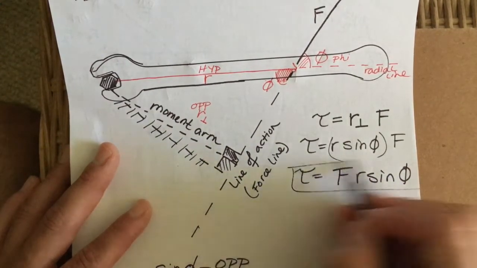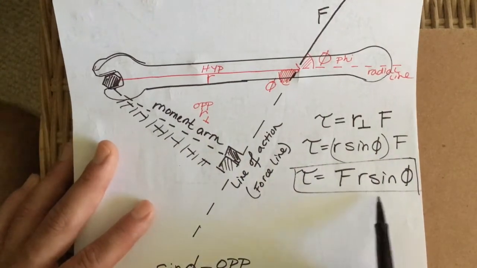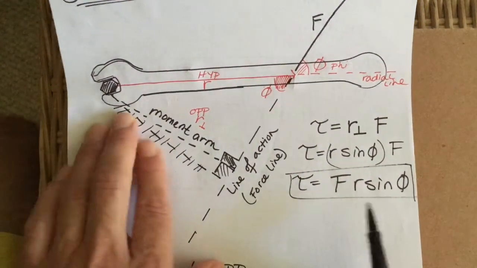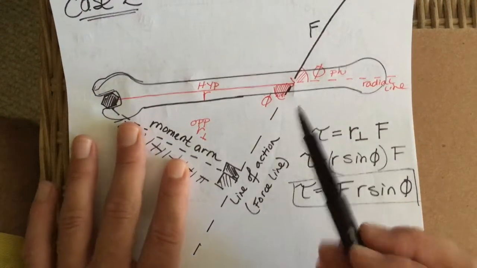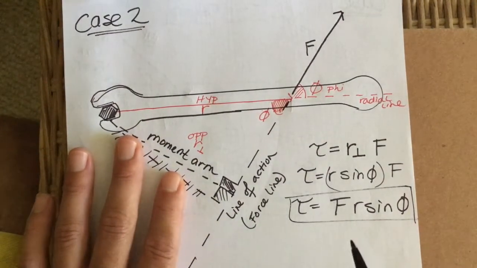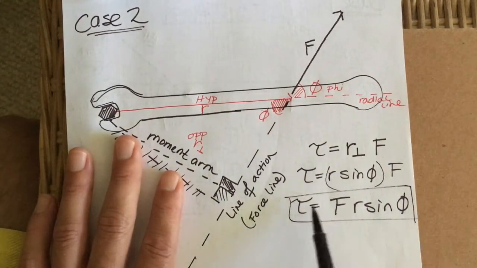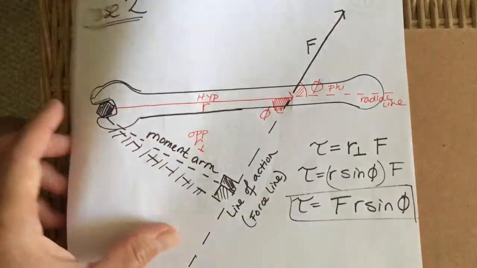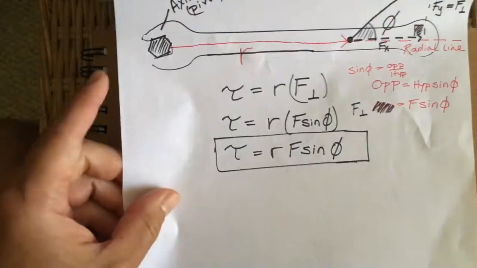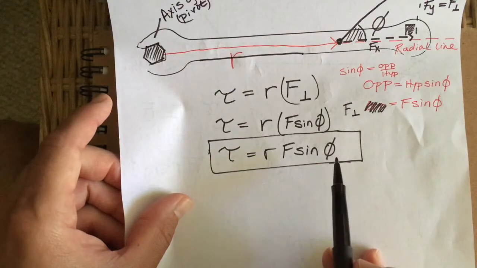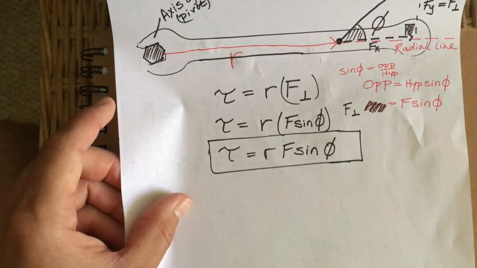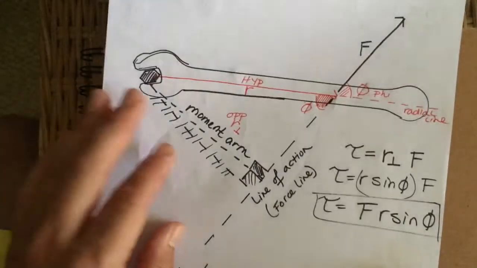And that should look really familiar, right? Because check it out, we used another triangle, another drawing to make sense of torque. And once again, this equation came up, that we can get torque equal to RF sine phi or FR sine phi. And either way, it's true.